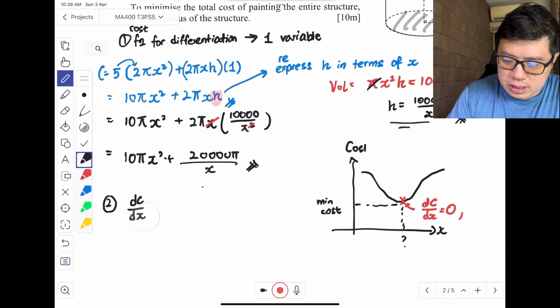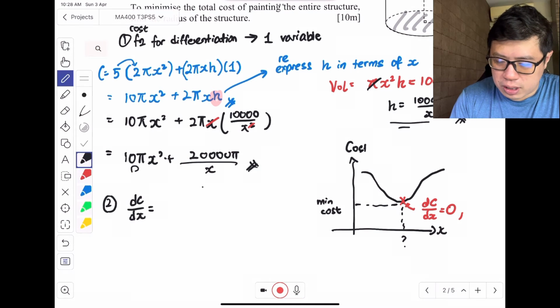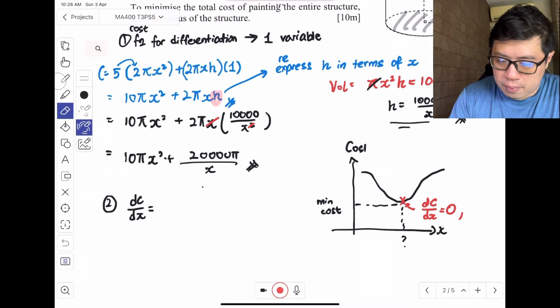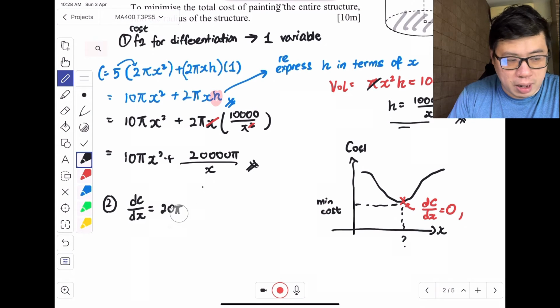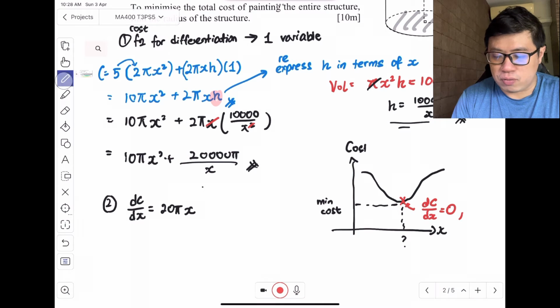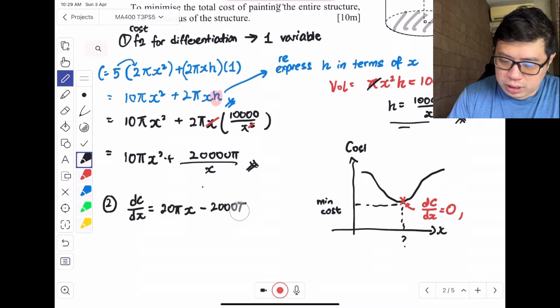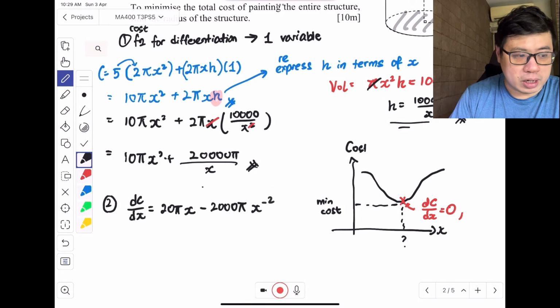So dC/dx, differentiating 10 pi x squared, will give us 20 pi x. Differentiating 20,000 pi over x, let's write it as x to the power of -1, you end up with -20,000 pi x to the power of -2.